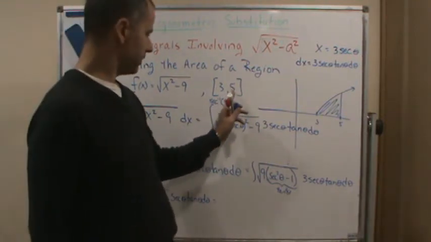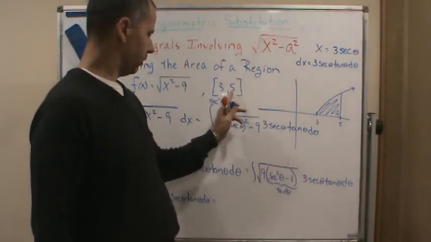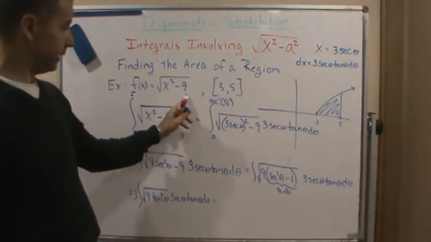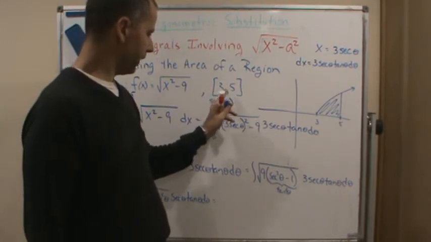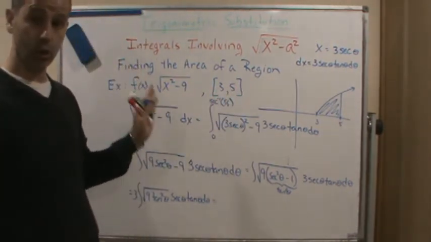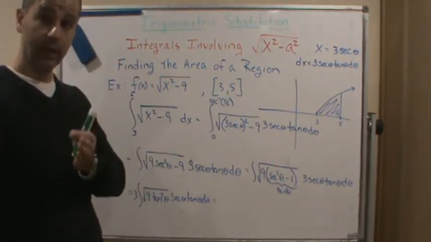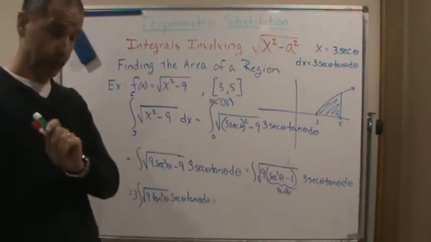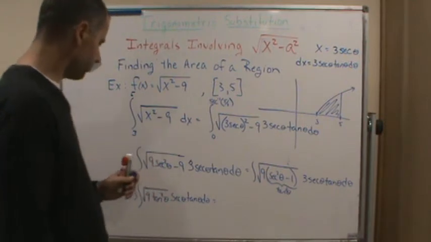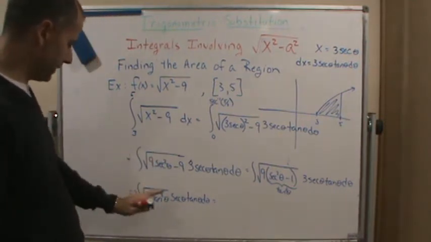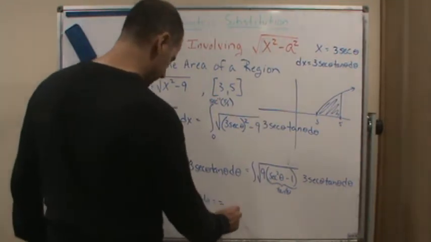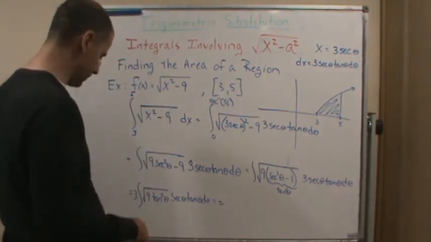And since we're on the interval, a is 3, and x goes from 3 to 5. So x is greater than or equal to a. That's important to know because then this is going to be positive, so we can drop the absolute value signs. We don't have to worry about taking the opposite value.